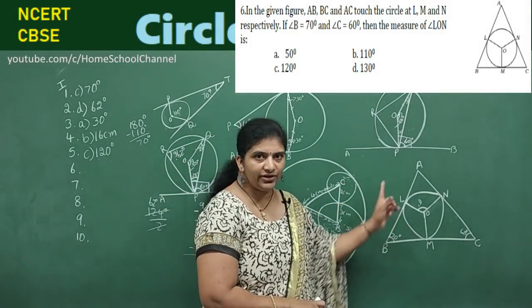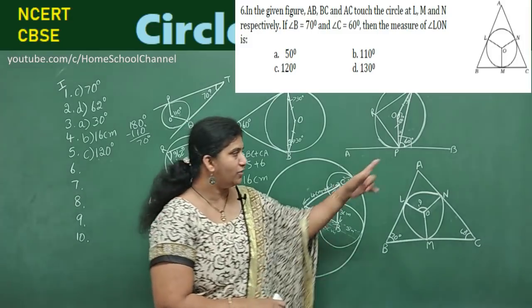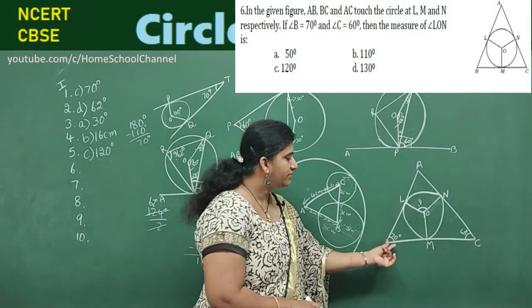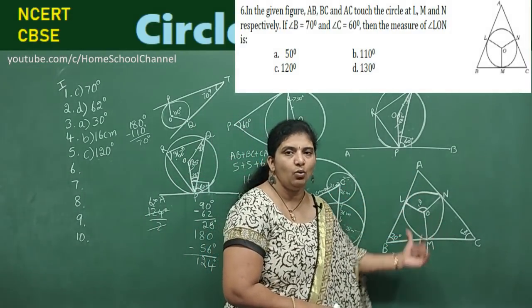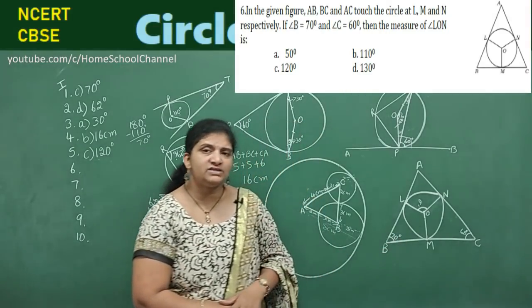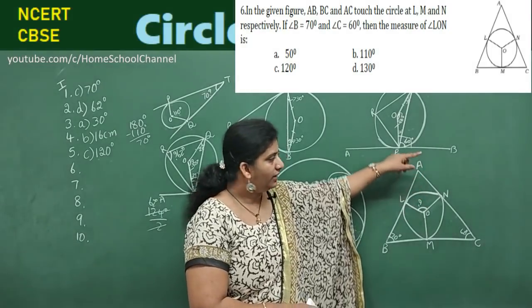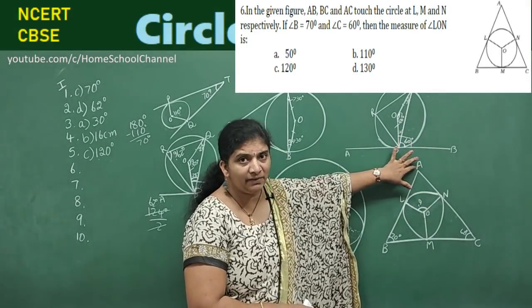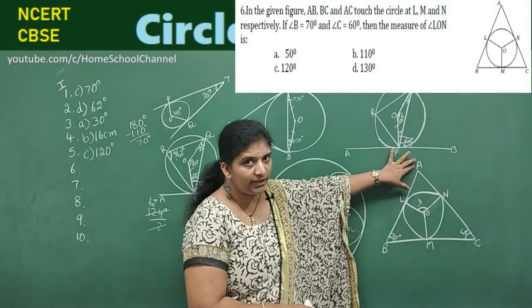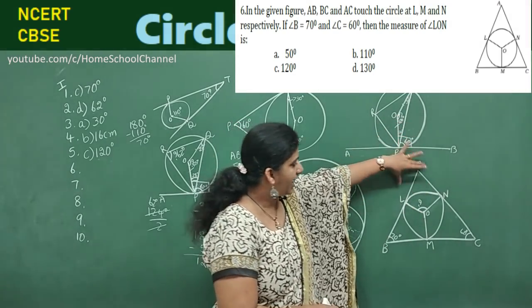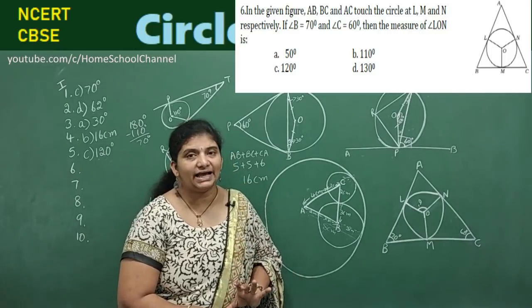Add all the three angles and say equal to 180. I don't know angle A, so find angle A first. 70 plus 60, 130. 180 minus 130, it will be 50 degrees. This is 50. Observe carefully. A might be an external point to the circle. AN and AL will be tangents.